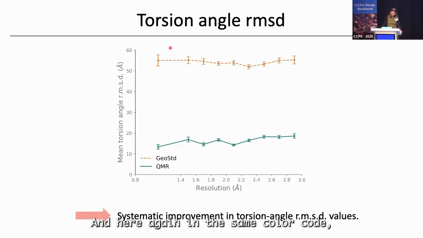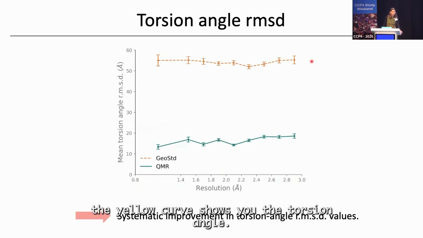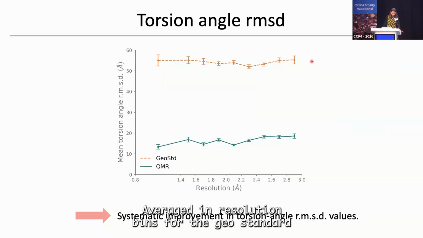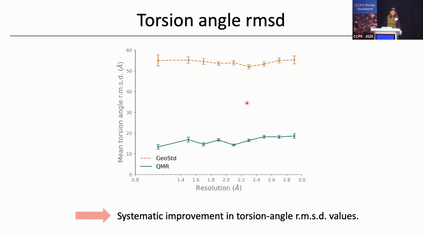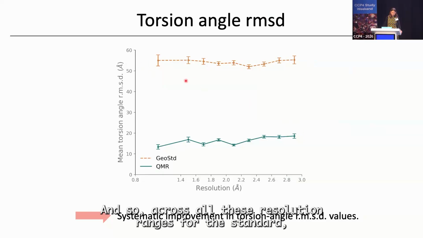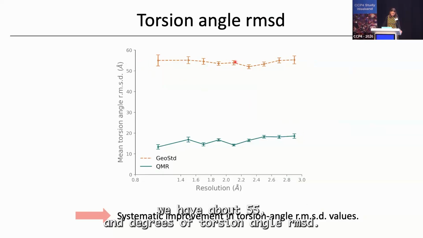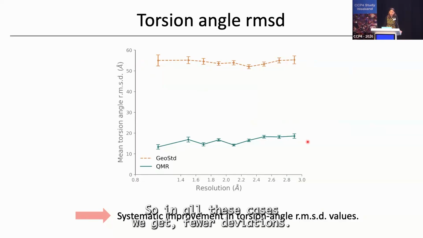And again, in the same color code, the yellow curve shows the torsion angle averaged in resolution bins for the geostandard restraints and in teal for the QMR restraints. Across all these resolution ranges for geostandard, we have about 55 degrees of torsion angle RMSD, whereas for QMR, we have a reduction down to 15 degrees. So in all these cases, we get fewer deviations.